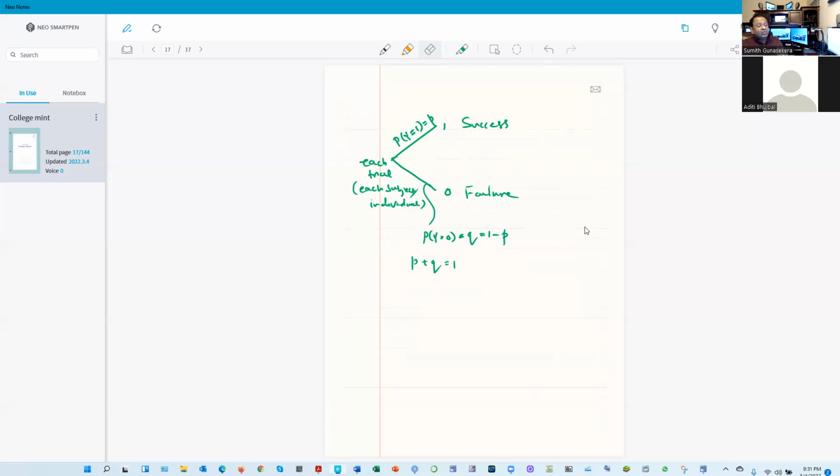Then you can count the number of subjects. I'm going to use z for the number of people who have diabetes. This can be denoted by a binomial. This is how we write it. N means sample size.